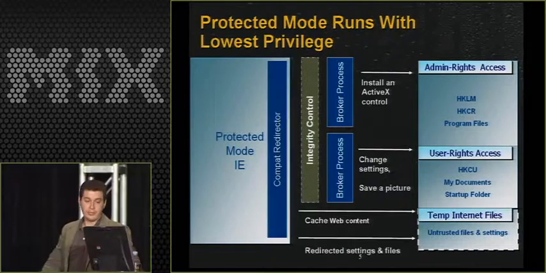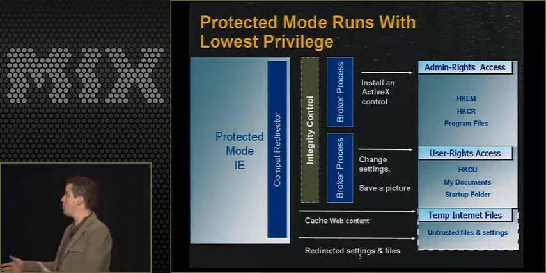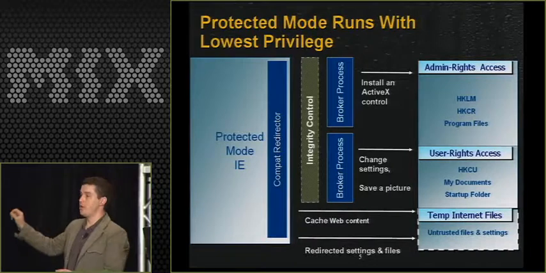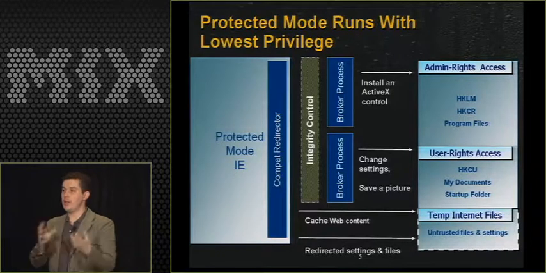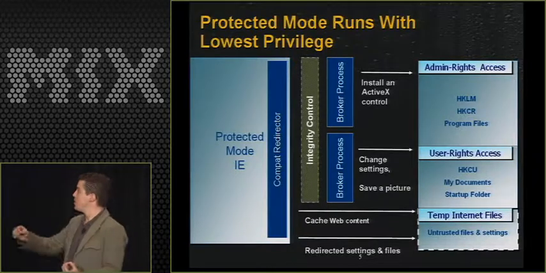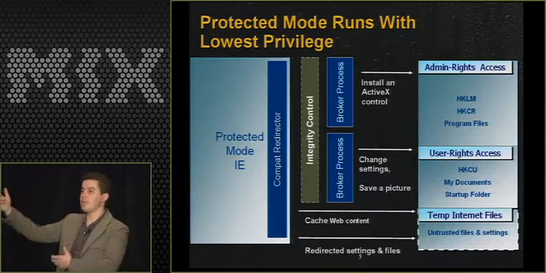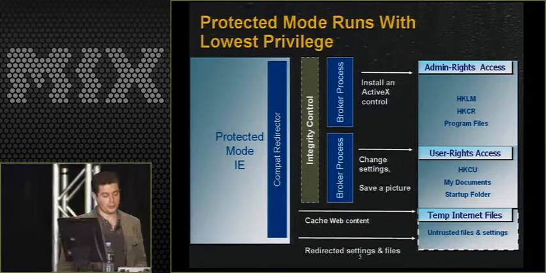So what we did is we built a compatibility shim that takes those writes and stores them in that redirected, kind of virtualized location under the temporary Internet Files folder. So when the ActiveX control in the attack wrote evil.exe, the reason that it went into the temporary Internet Files folder is because, for compatibility reasons, we're redirecting things down to the temporary Internet Files folder.